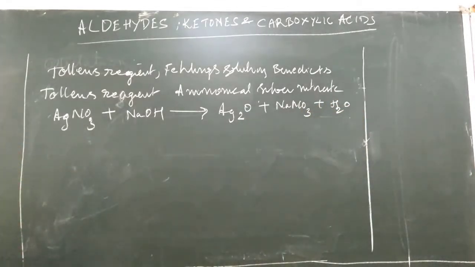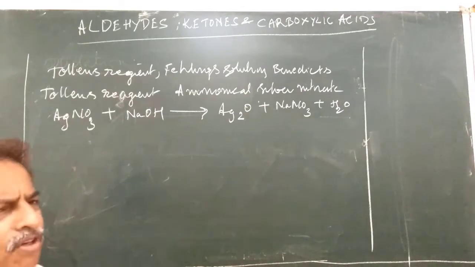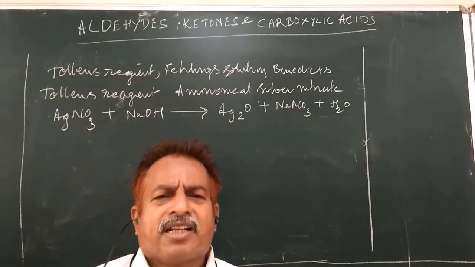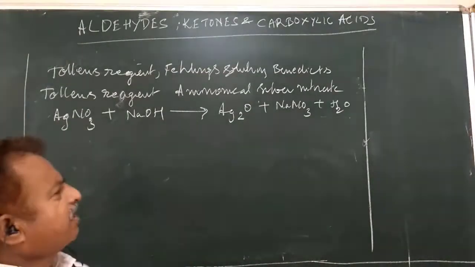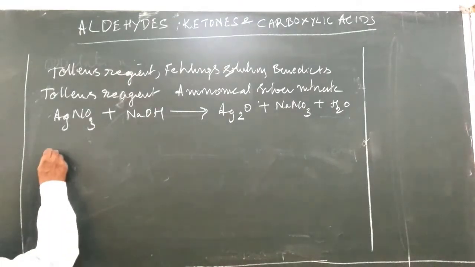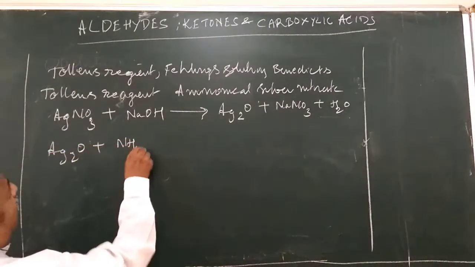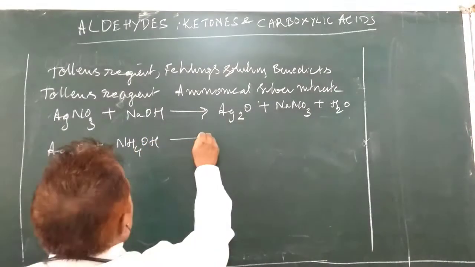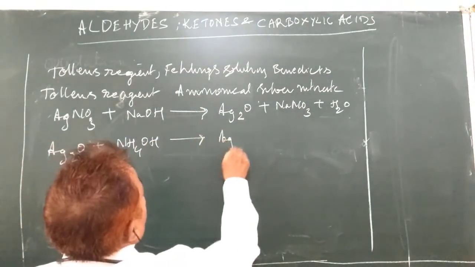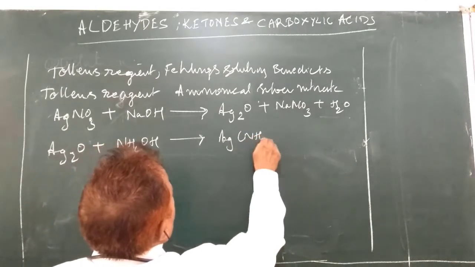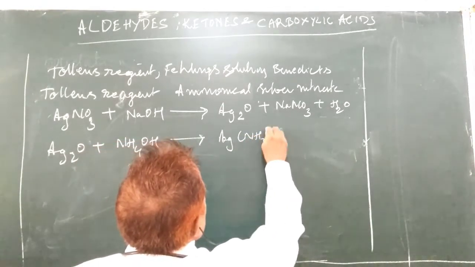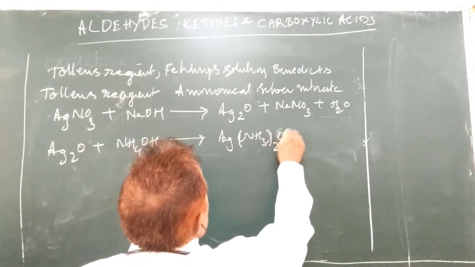To this mixture solution, add drops of ammonium hydroxide until the white precipitate dissolves. So here silver oxide plus ammonium hydroxide. So we get Ag(NH3)2OH.